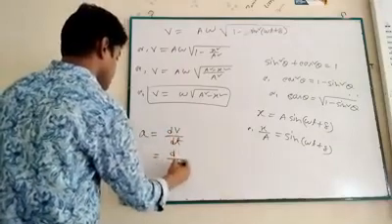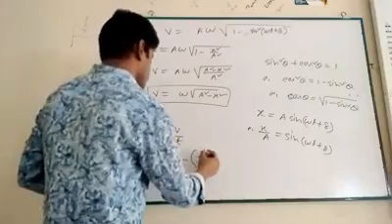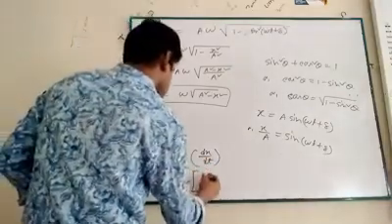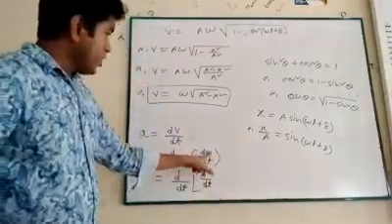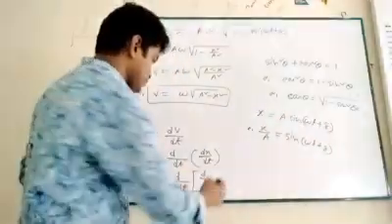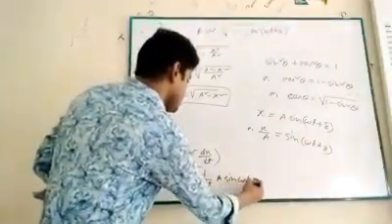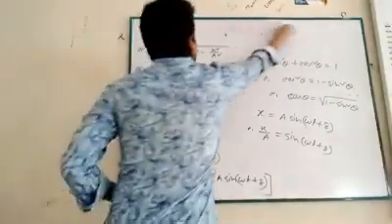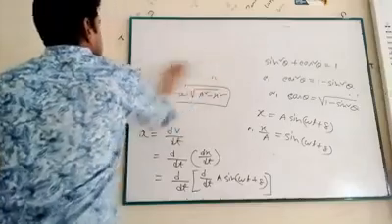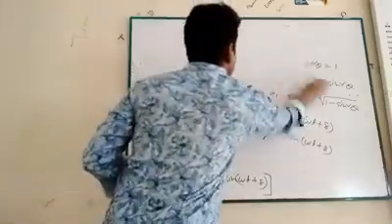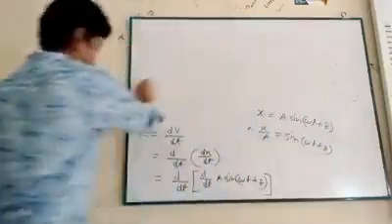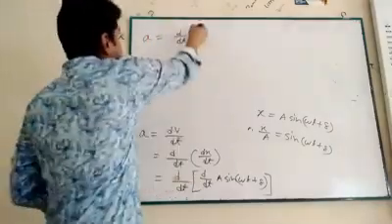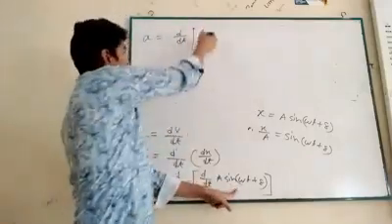Well, now acceleration a equal to dv by dt, or d/dt of dx by dt instead of v. d/dt, we know x equal to a sin(omega t plus delta), a sin(omega t plus delta), and we have to differentiate. a equal to d/dt.